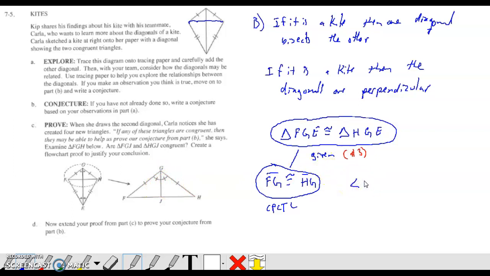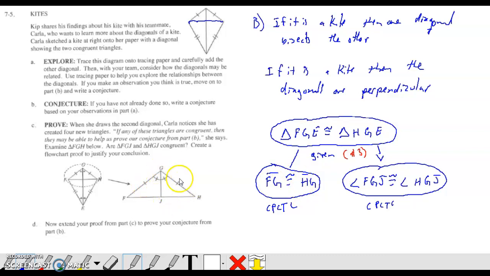So I'm going to say angle FGJ is congruent to HGJ, and again, the reasoning is CPCTC, congruent parts have congruent angles. And now I need a third one. I already have a side and angle, and here's my second side right here. So off to the side, I'm going to say that GJ is congruent to GJ, and this is your reflexive property.